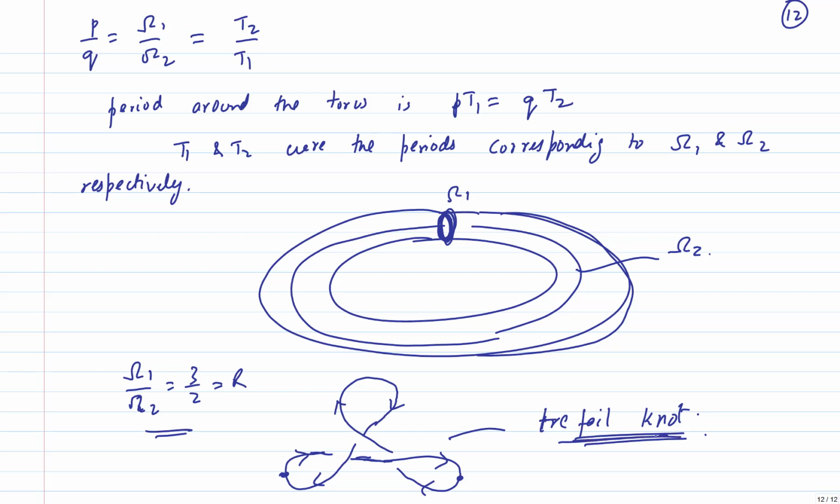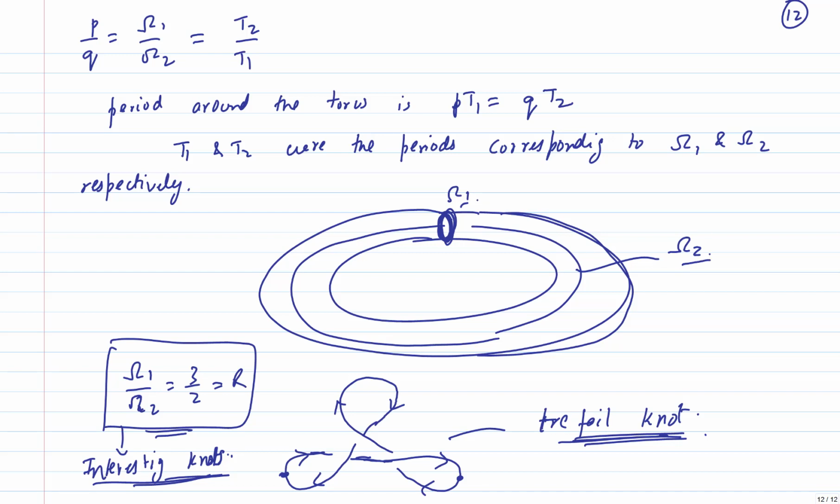And in general, you're going to get very interesting knots on the torus, depending upon the winding number or the rotation number. You get very interesting knots, depending on how the trajectory wraps around the torus, depending upon omega 1 and omega 2.